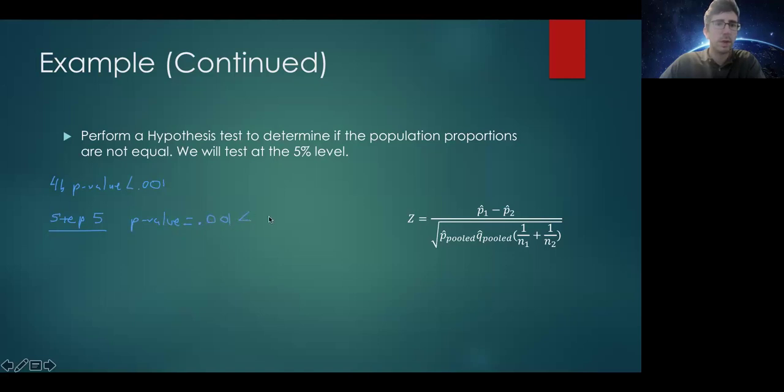This is less than or greater than our 0.05 alpha? It is obviously less, smaller than alpha, which is 0.05. 0.001 is smaller than 0.05. So does anyone remember what we can conclude? Let me write this out.